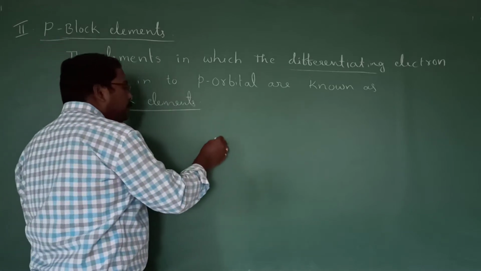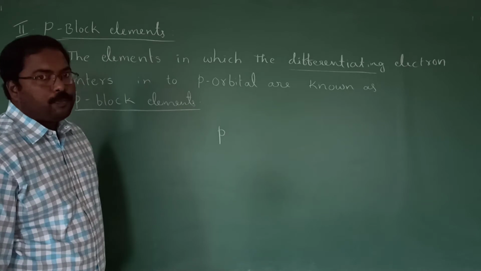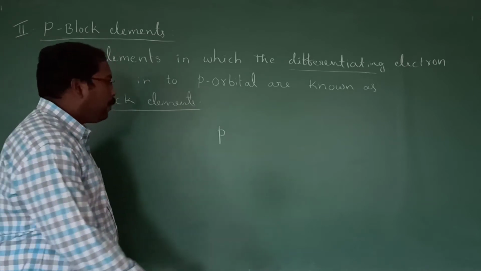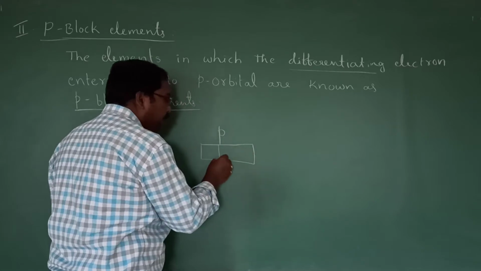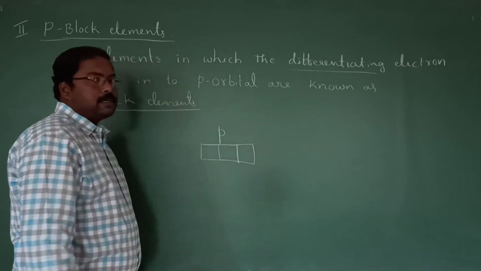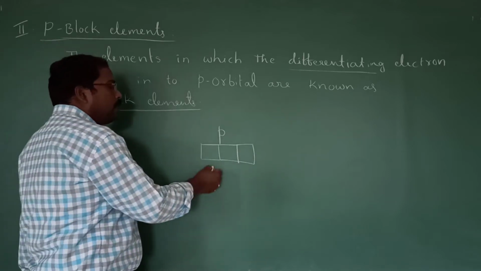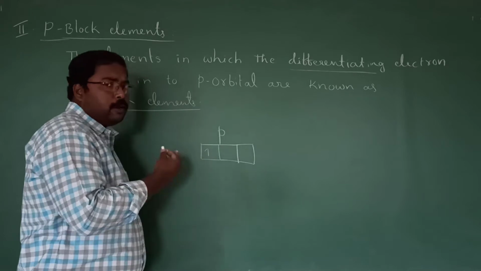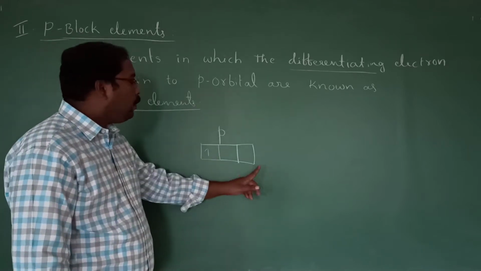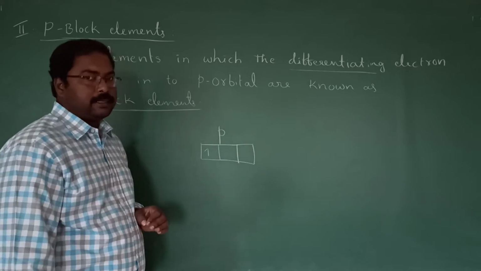What is the capacity of the P subshell? We write it as 3 blocks, Px, Py, Pz. Each one can accommodate 2 electrons, so the total P subshell capacity is 6 electrons.